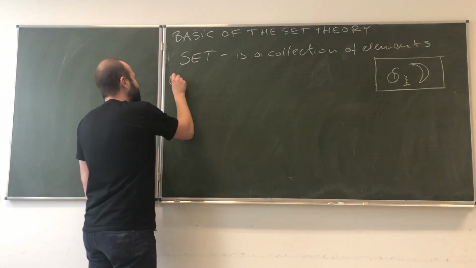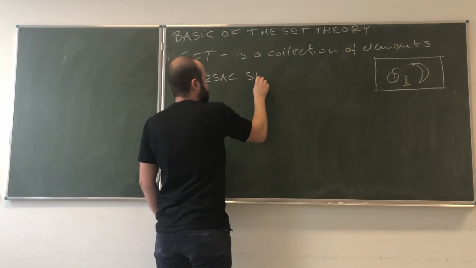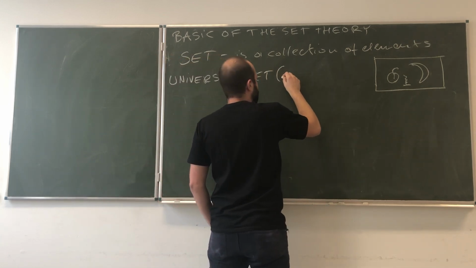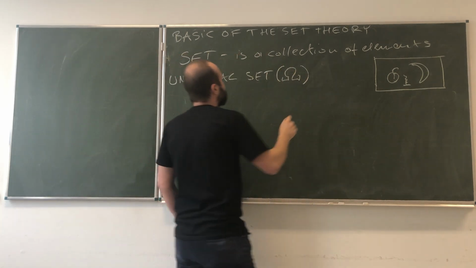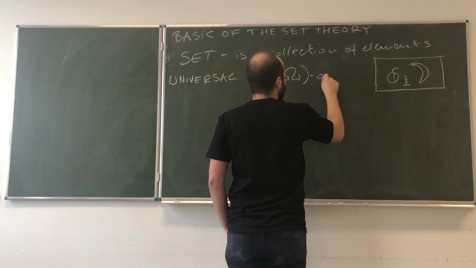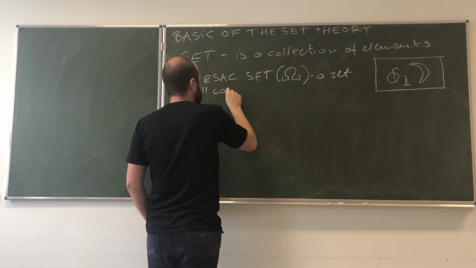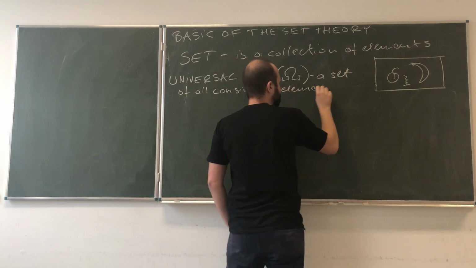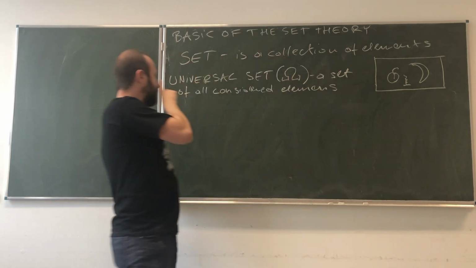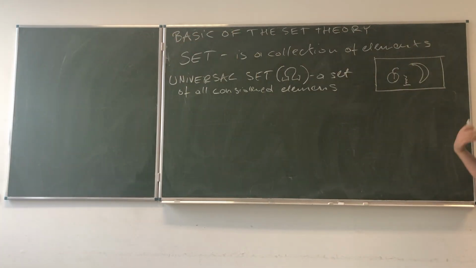So we start with the universal set, usually denoted by the Greek letter omega, and this is a set of all considered elements. Sometimes instead of universal set, I might just say universe, but it will mean exactly the same thing.